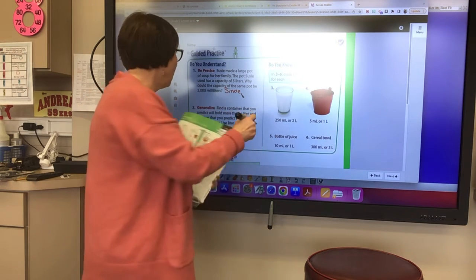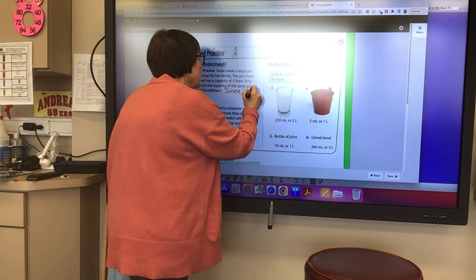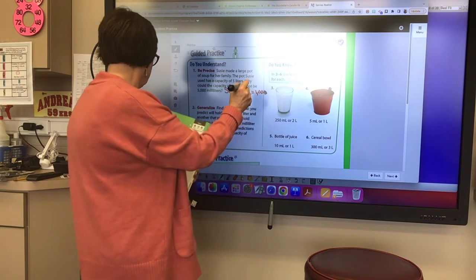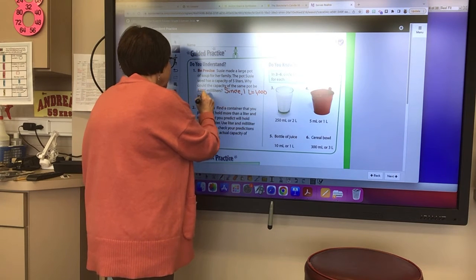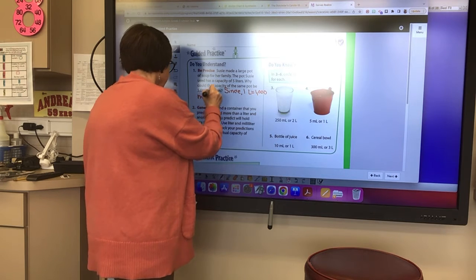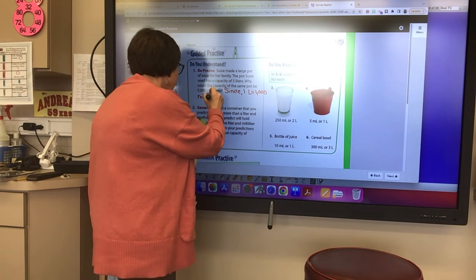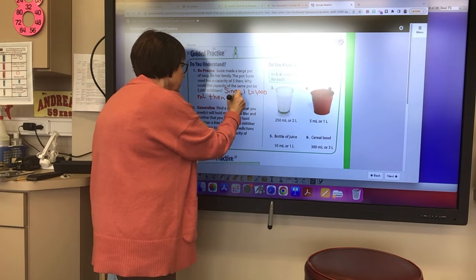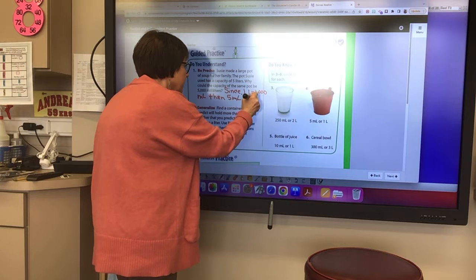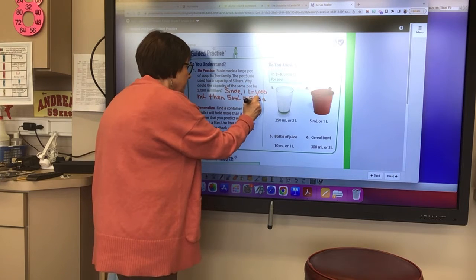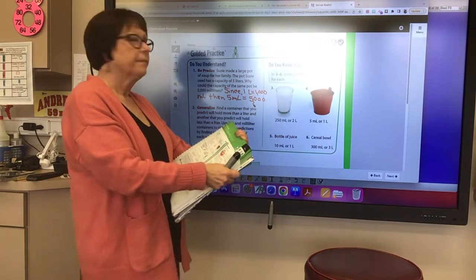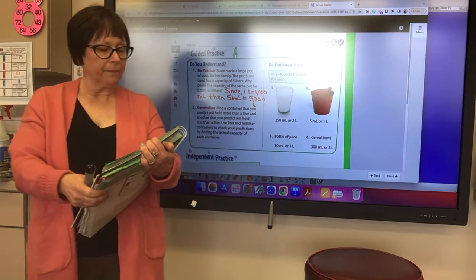Yes, so since 1 liter equals 1,000 milliliters, then 5 milliliters equals 5,000. So that's what we say. So let's write that.